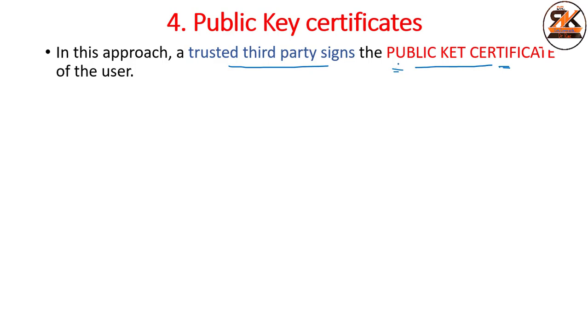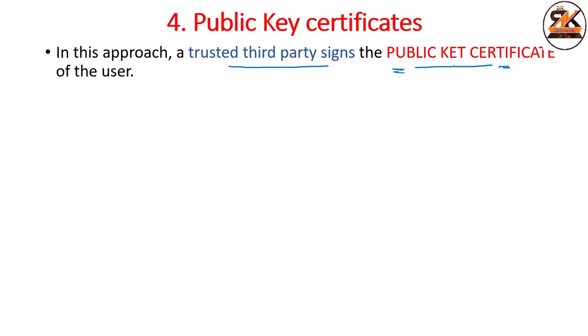So in this approach of key distribution, the participants exchange certificates to deliver their public keys, and instead of contacting an authority or a third party for public keys, the participants exchange their certificates directly. So it overcomes the drawbacks of approach number 3, where we had the dependency or the bottleneck of our third party or authority used for distribution of the key. But here, the communicating parties are directly exchanging their certificates.